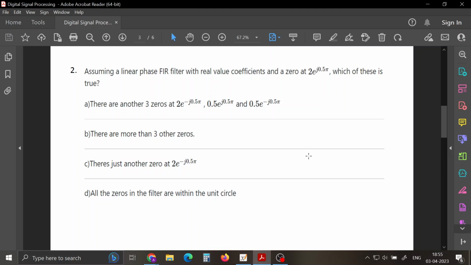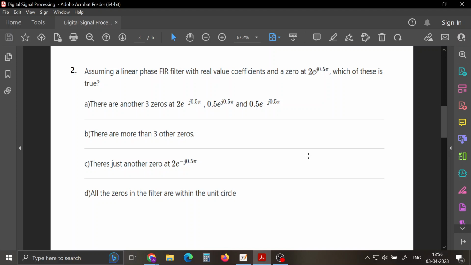It is at a radius of 2 units from the center, at an angle of pi by 2, since 0.5 pi means pi by 2. Its radius is 2, so it's clearly outside the unit circle. So definitely there's a 0 outside the unit circle, so option D is clearly not possible.